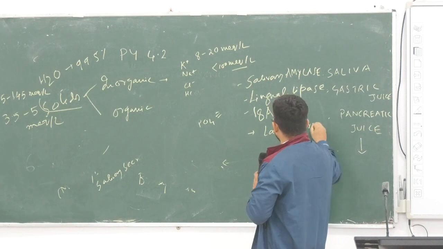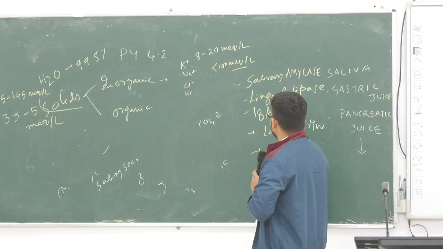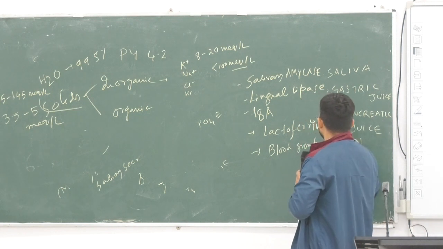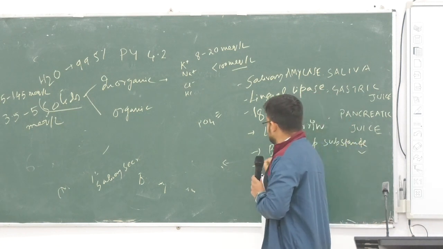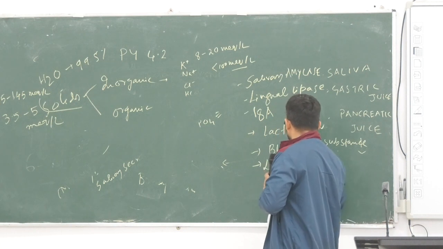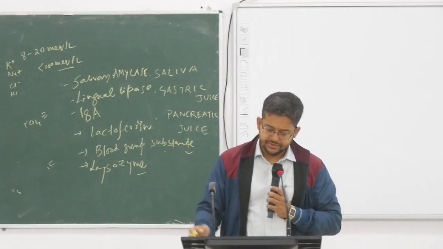These are immunological properties containing molecules. We have blood group substance, we have lysozyme. We have lysozymes.